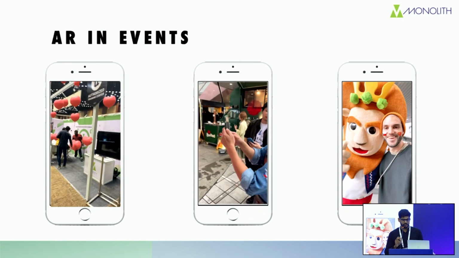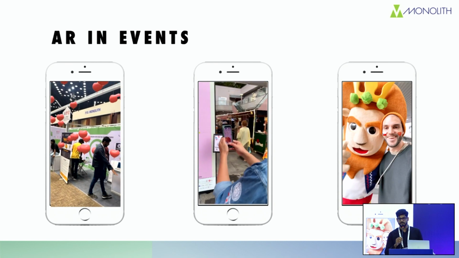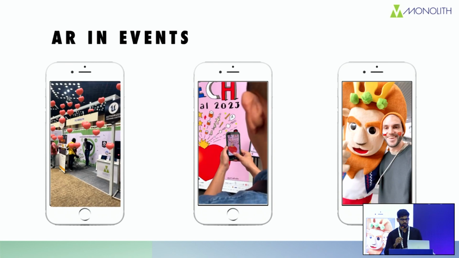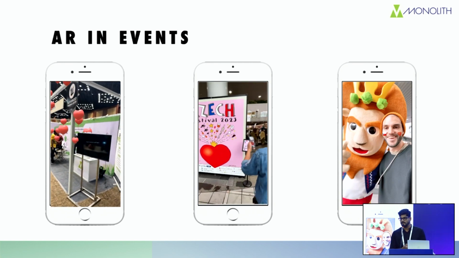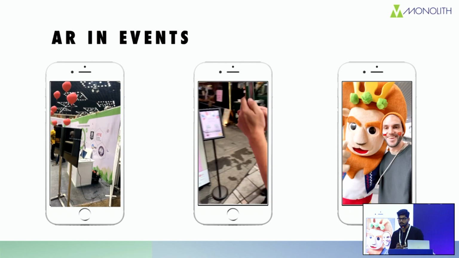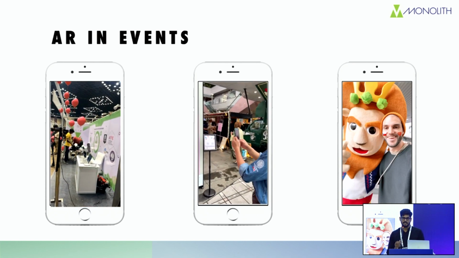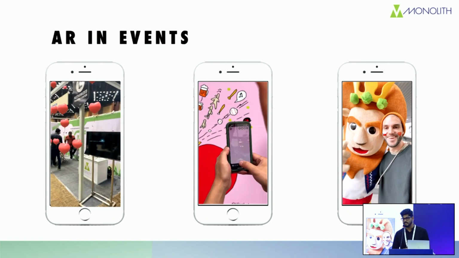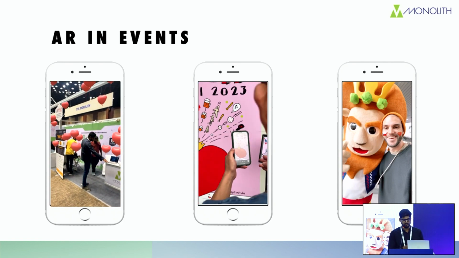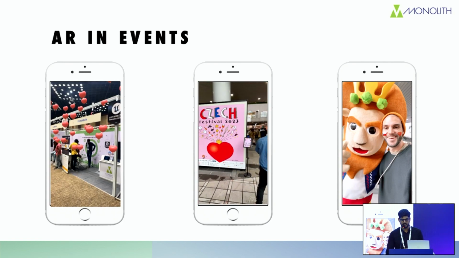The next one is one of the filters we made for an event in Tokyo. We made a poster come alive as animation when it is scanned through your camera. That event happened in Tokyo last month. This was made for brand engagement at that event.